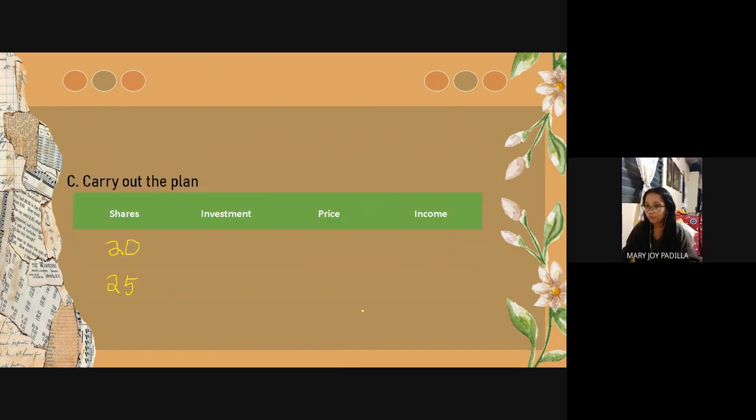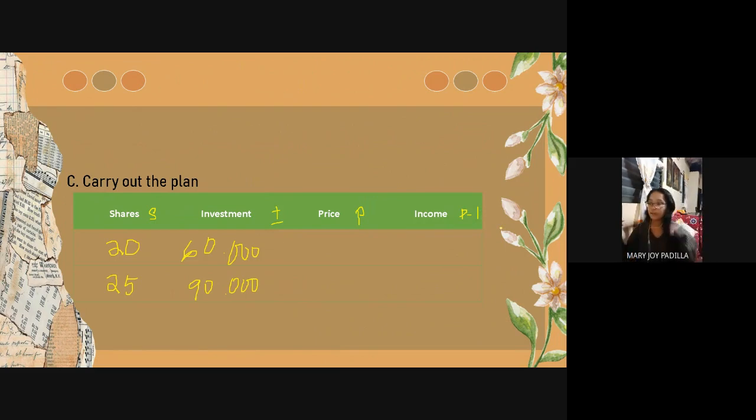So, ilalagay natin dito is investment 60,000 pesos, and dito naman sa second investment is 90,000 pesos. So, shares is S, investment is I, and the price is P para madali natin siya i-solve. And the income is P, ano, I.